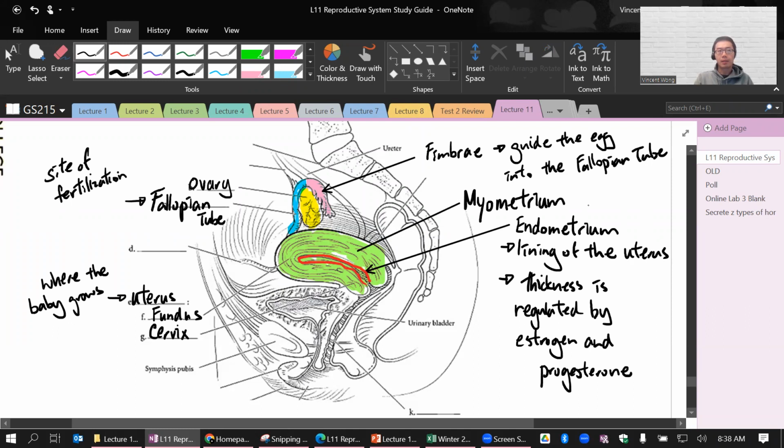Okay. And there's a hormone that increases the contraction of the myometrium. You might have heard of it before. It's called oxytocin. Sometimes they give you oxytocin to induce labor if they think it's time for the baby to come out.